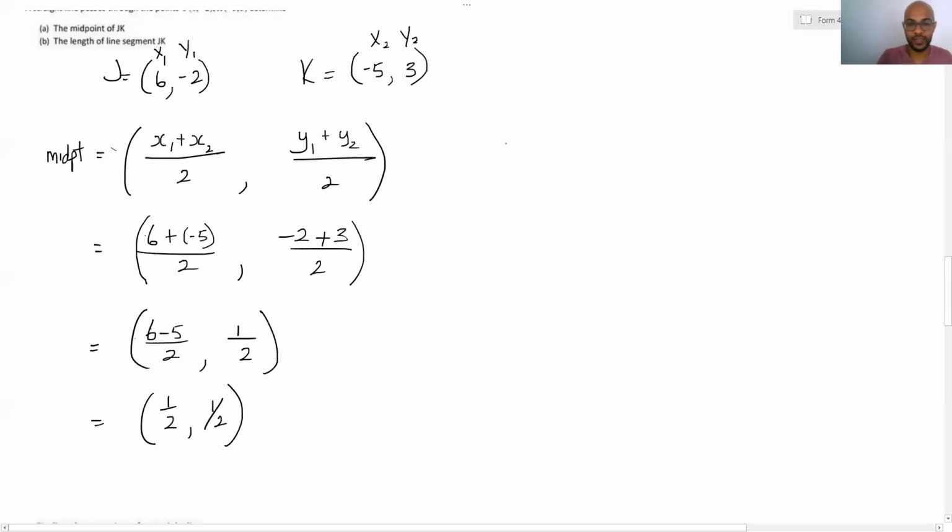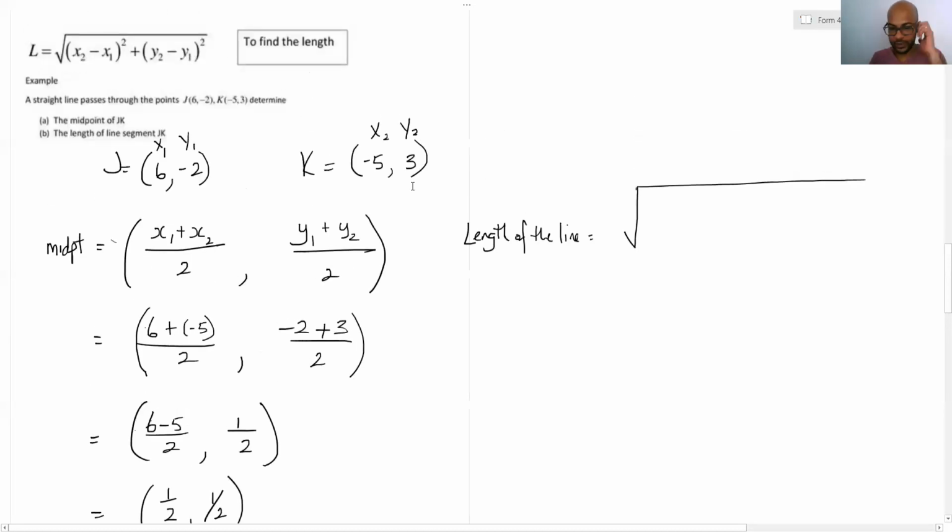Let's look at the length of the line as well. In this one, we are basically finding the square root of the difference of our x values squared and our y values squared.